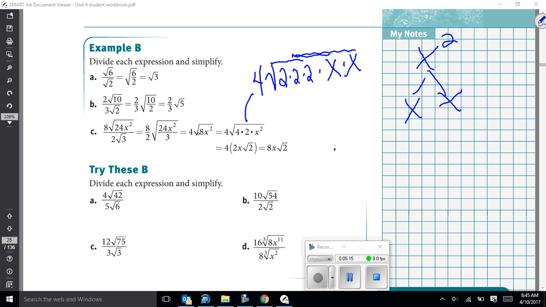Now when we're dealing with the square root, how many do we need on the inside to make one on the outside? 2. So I'm going to put them in groups of 2. So these 2 2's on the inside make how many 2's on the outside? 1. I have 2 x's here. Those 2 x's on the inside make how many x's on the outside? 1.